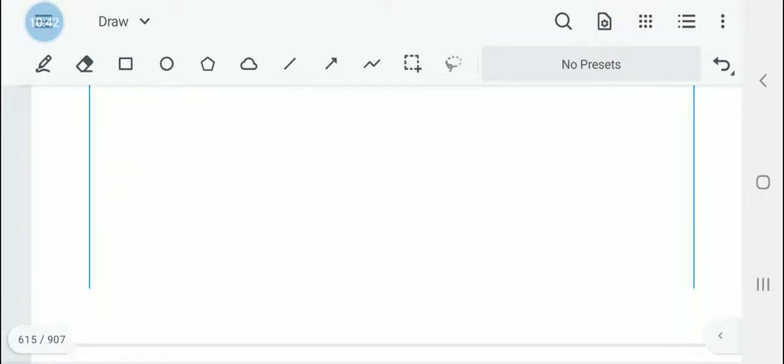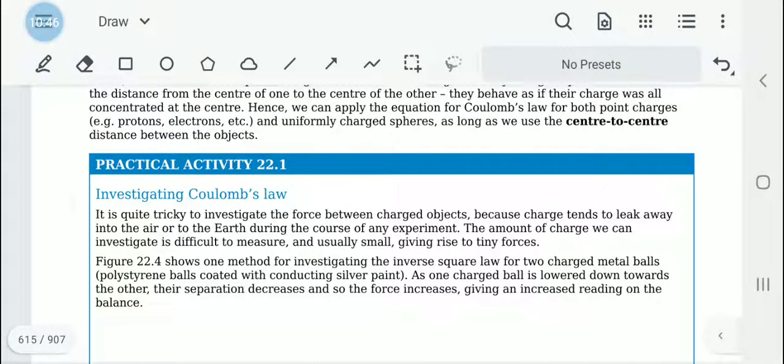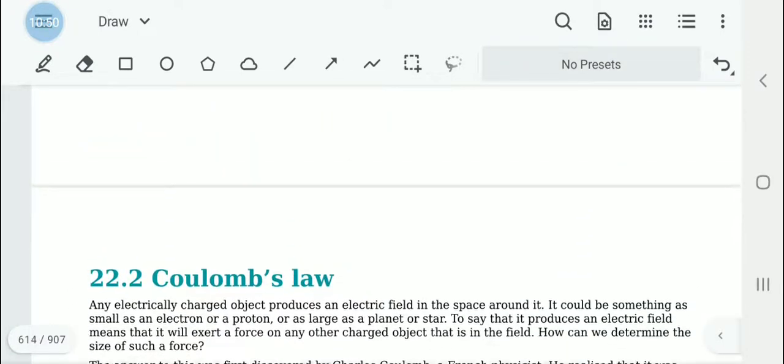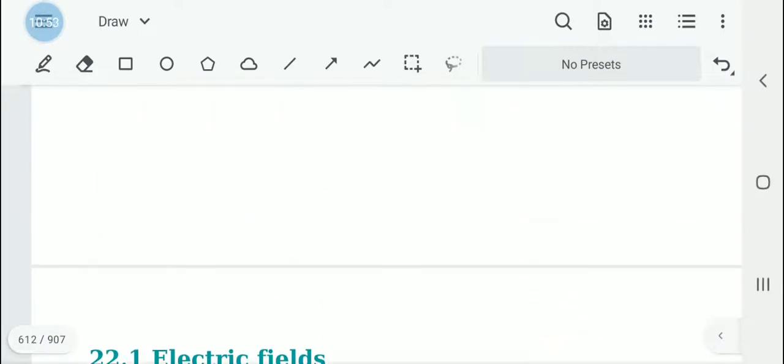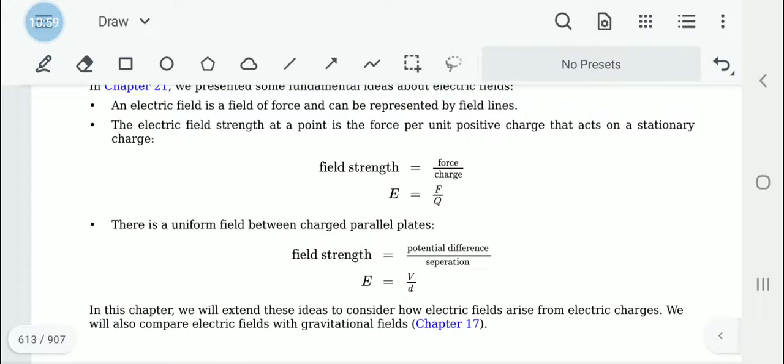I hope you understood. Before we move on to the practical activity, let's write down a note on this. Write down Coulomb electric fields. So this is a summary of what we have learned earlier. Electric field is a field of force that can be represented by field lines.